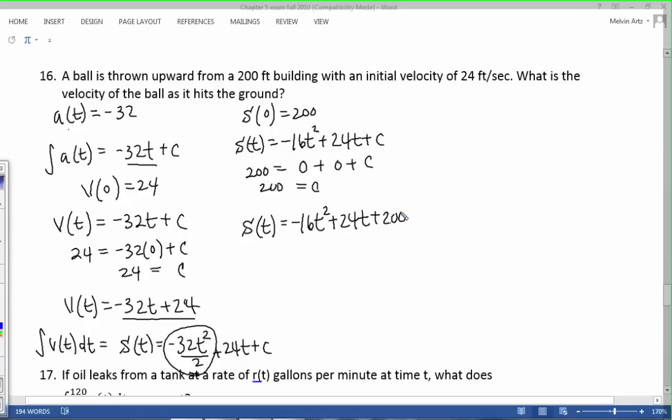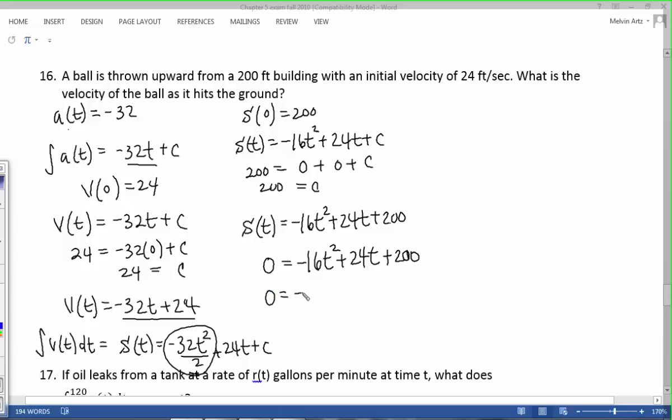Now to find how long it took for the ball to hit the ground, we would set our position function equal to 0. Negative 16t squared plus 24t plus 200. And so if this is not factorable, we'd have to use our quadratic formula.